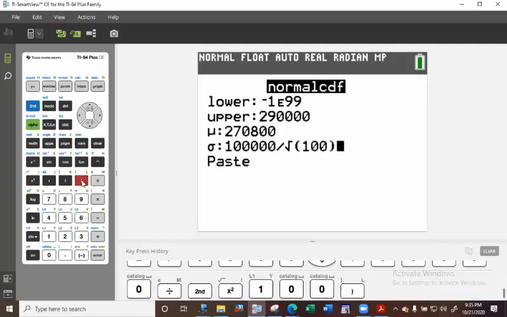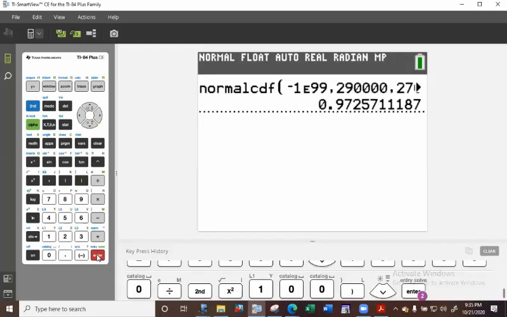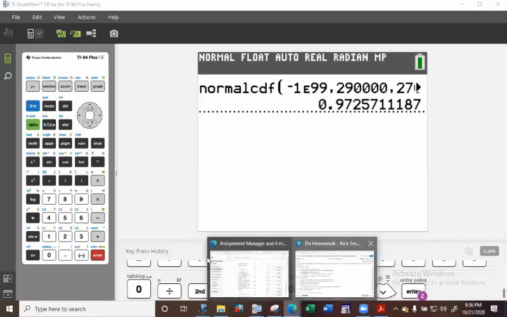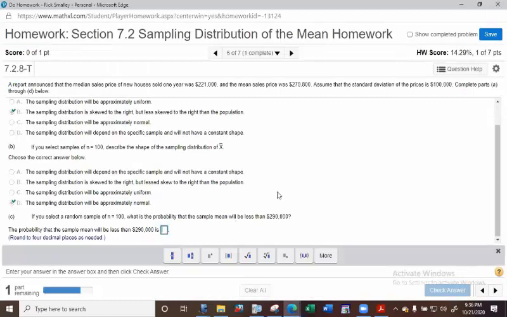Like so. There you go. All right, so we have to be careful with that. So round it to 4, looks like 9726. Let's see how that is. Nine, 7, 2, 6.